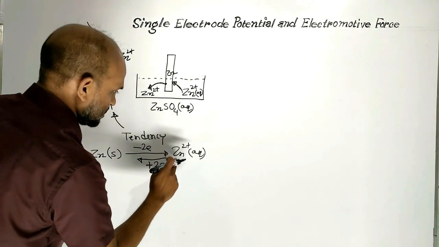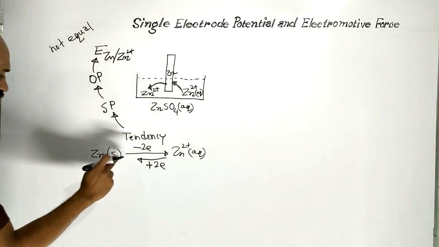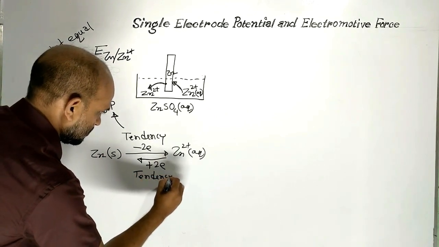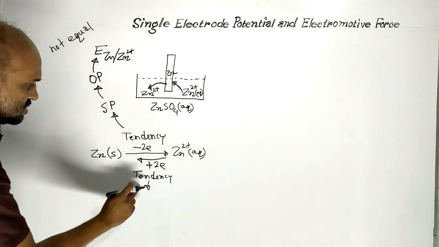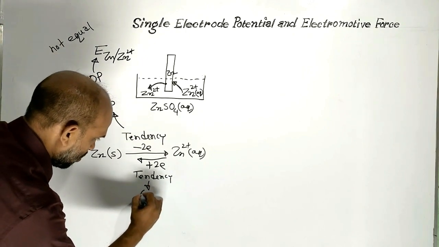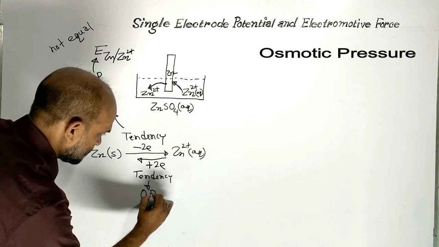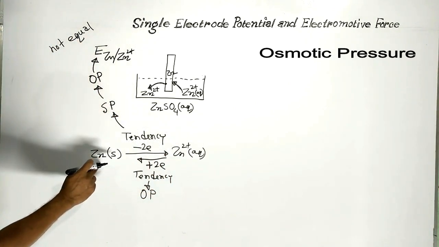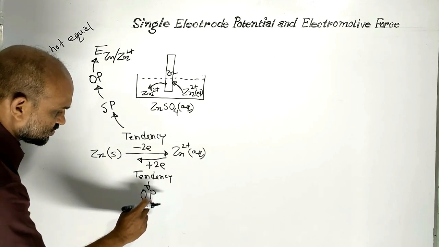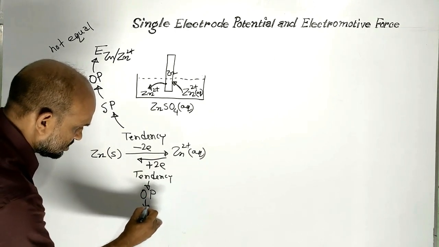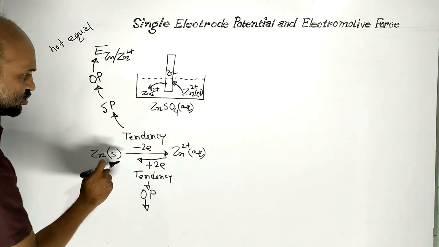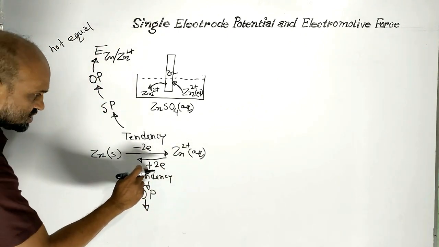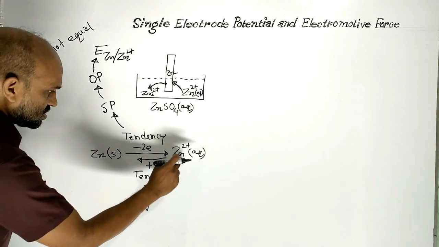Now, the tendency of zinc ion to form zinc atom is known as osmotic pressure, which is reduction potential. Zinc ion to zinc atom, receiving electrons, is reduction.